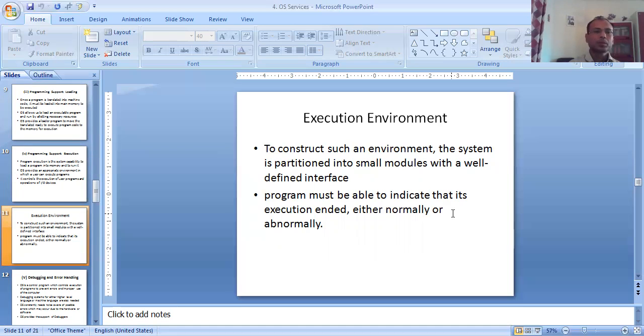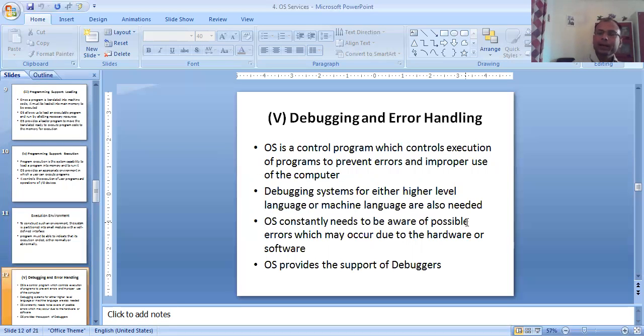Okay, so let's see the next utility, debugging and error handling. Debugging, as the term says, refers to the removing of bugs, removing of errors.